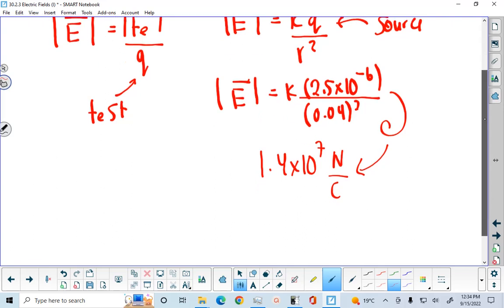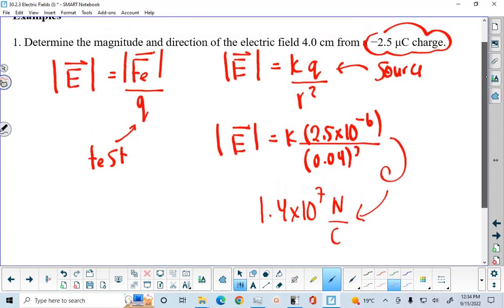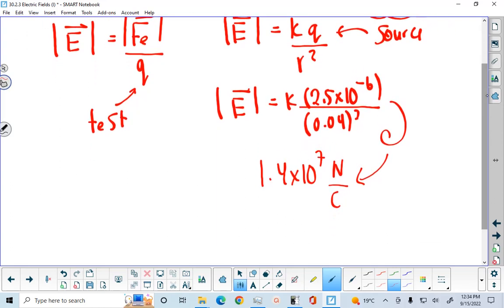Now, that's the magnitude. What do we put for the direction? Well, the source is a negative source. So you have some charge that's negative, and this is the source of the field. You were told about 10 minutes ago the direction of electric field is the direction of force on an imaginary positive test charge.